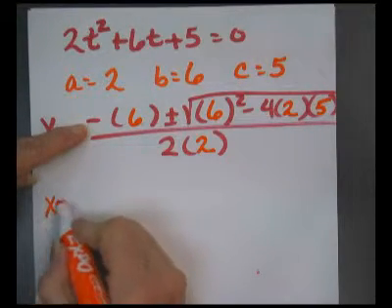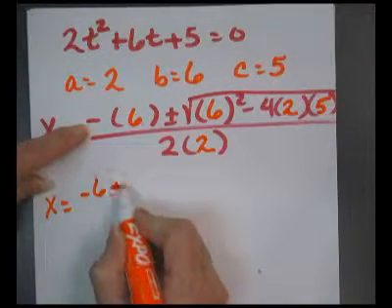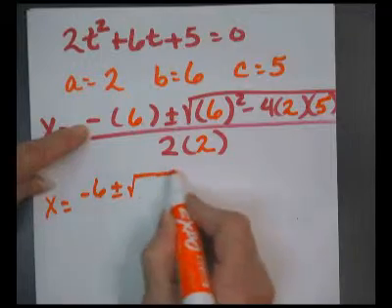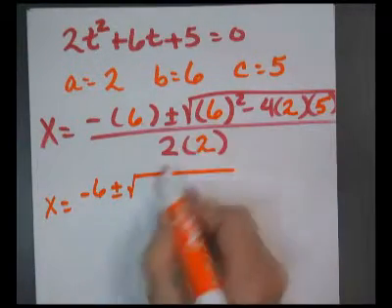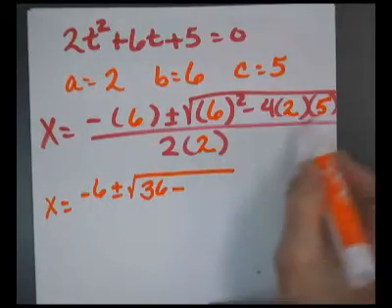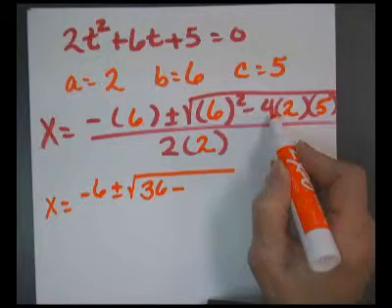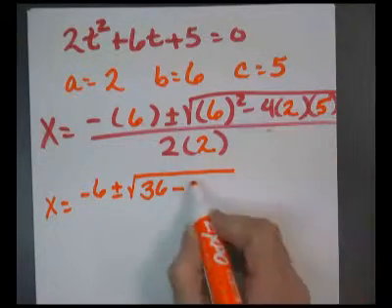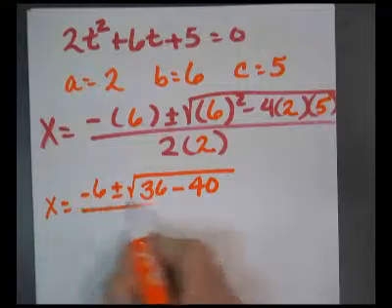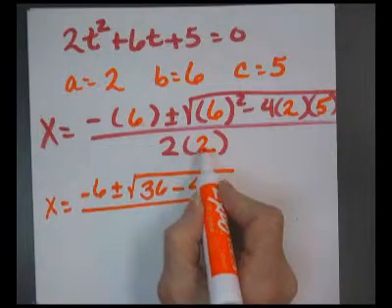So we've got negative 6 plus or minus 36 minus negative 40 over 4.